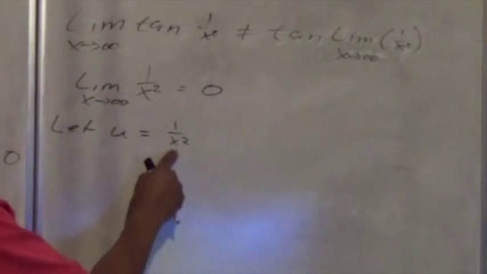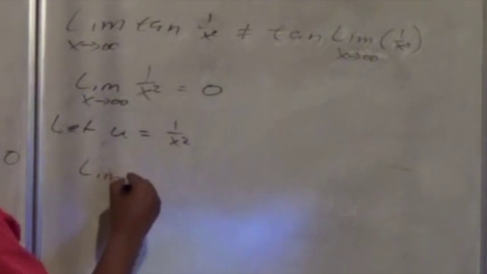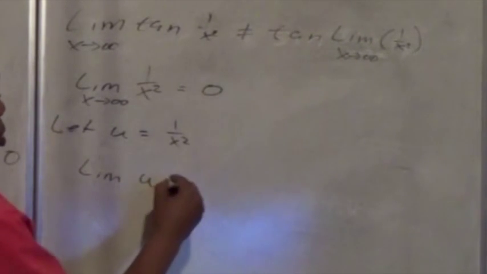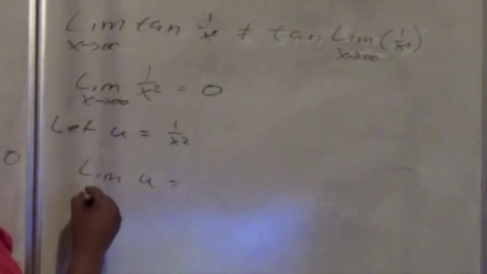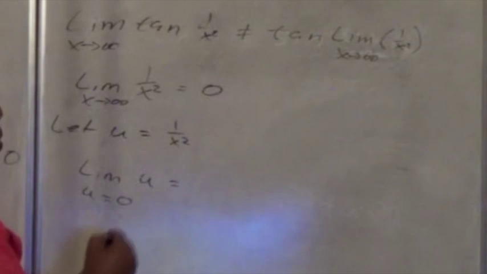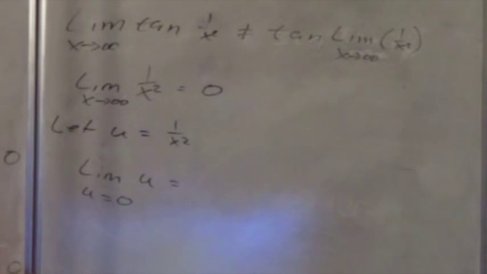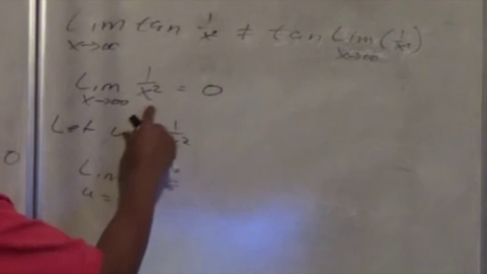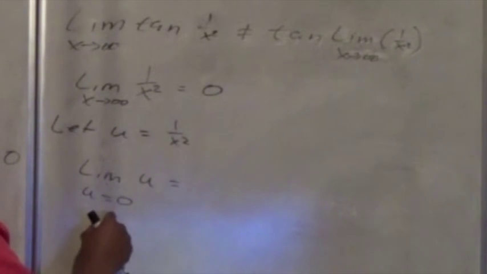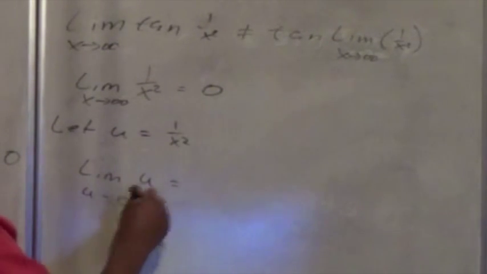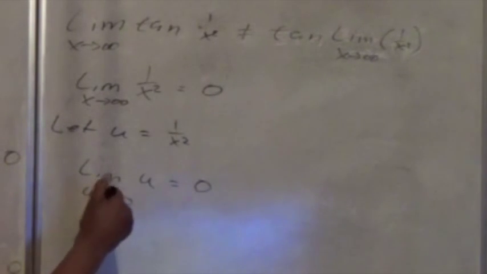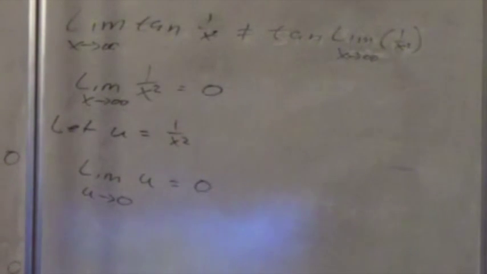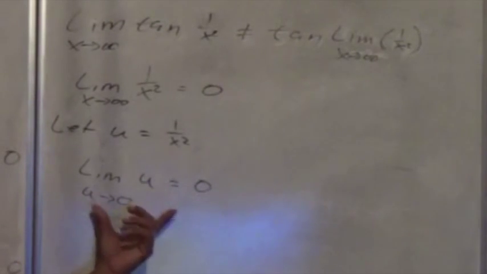If I let u represent 1 over x squared, then we can say that the limit of u as u goes to 0, because this is u right here, and this is all going to 0. The limit of u as u goes to 0 is 0. Okay, so this is a nice substitution for us.